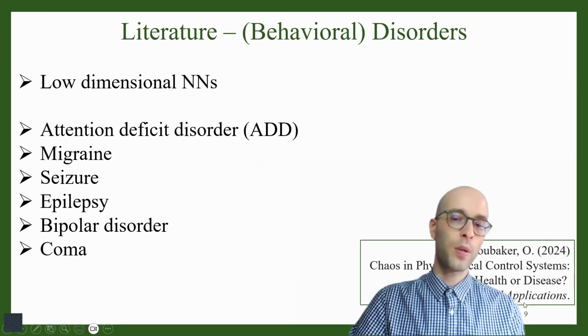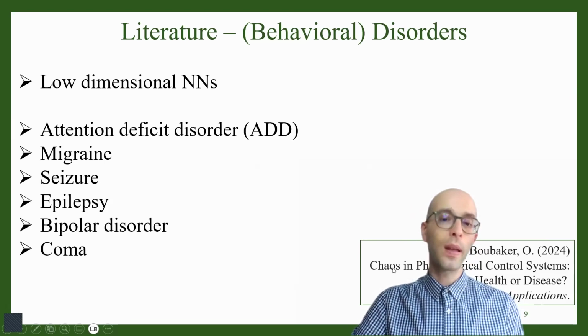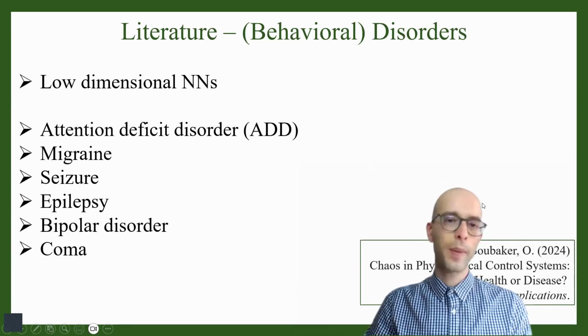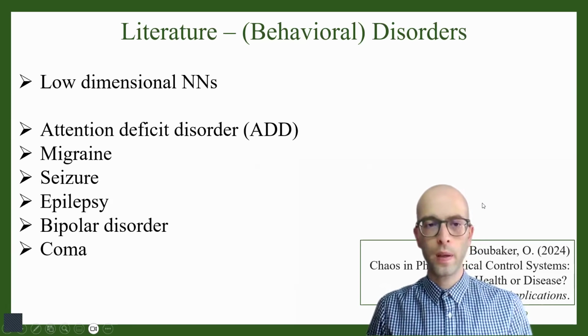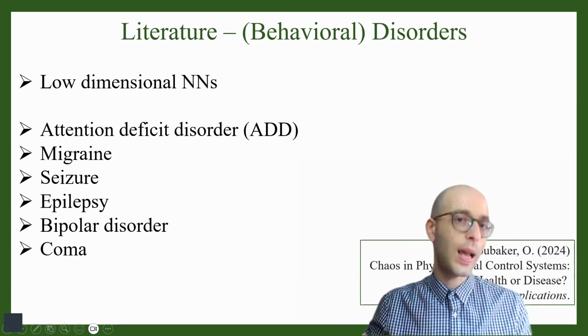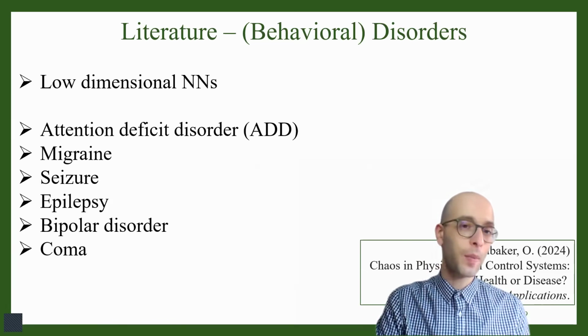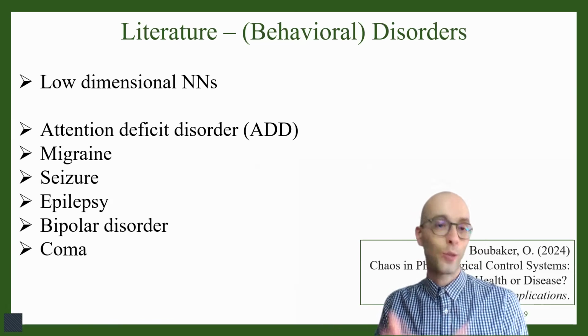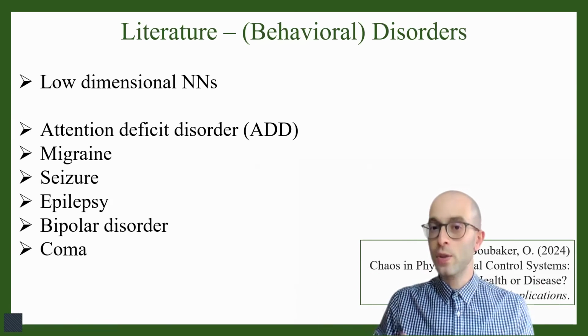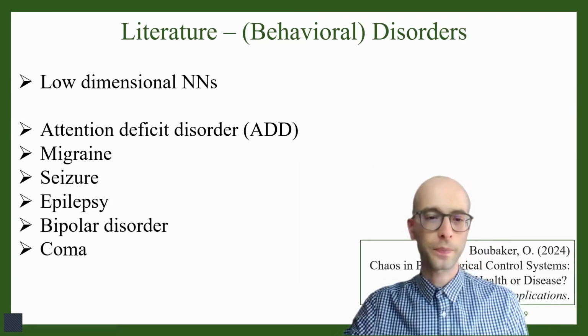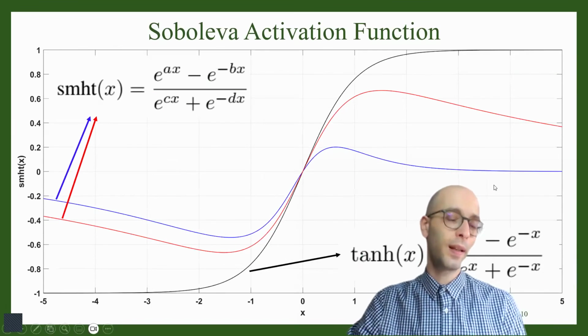The paper is in Chaos Theory and Applications, and it is called Chaos in Physiological Control Systems, Health or Disease. And in that paper, the author discusses a lot about whether or not the emergence of chaos is desirable. So the answer is not straightforward and it is not universal. The answer has to do with the model at hand.